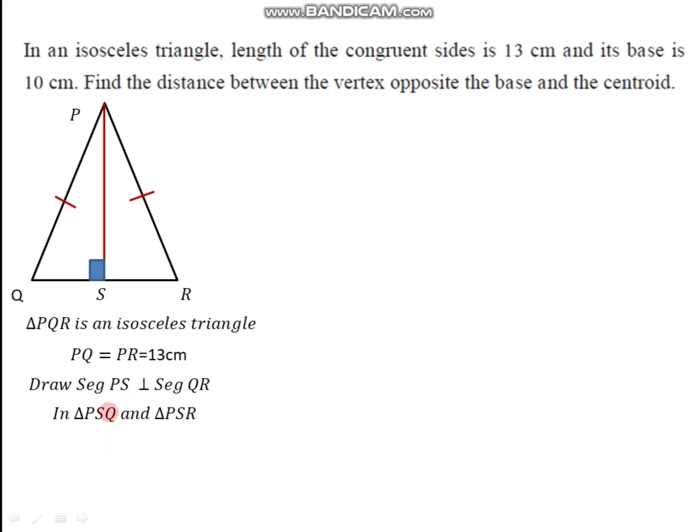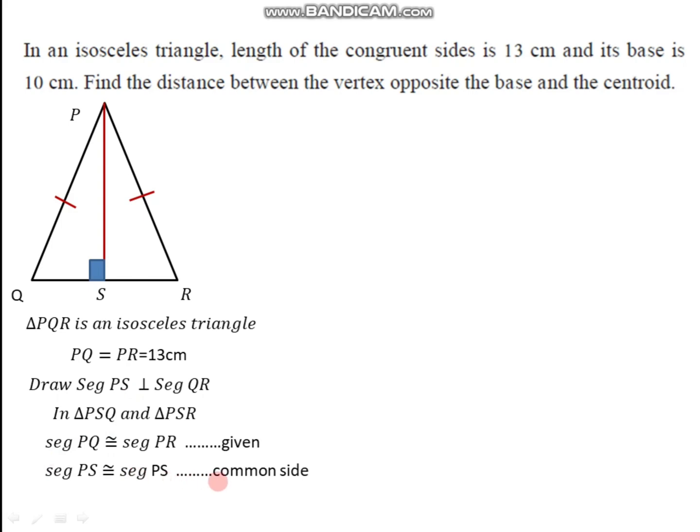For these two triangles, we have segment PQ congruent to segment PR because it is an isosceles triangle and it is given that PQ is equal to PR is equal to 13. That's why these two segments are congruent. Then we have segment PS congruent to segment PS as a common side for both of these two triangles.